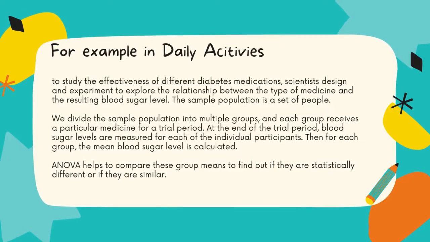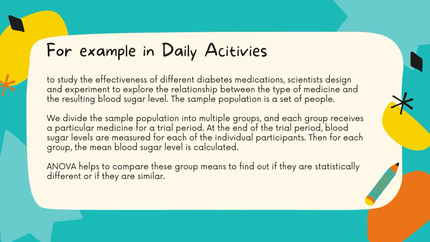For example, in a study of the effectiveness of different diabetes medications, the scientists designed an experiment to explore the relationship between the type of medicine and the resulting blood sugar level. The sample population is a set of people.